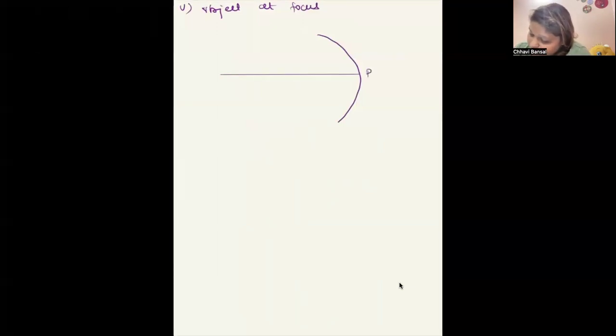P, C, F. Now, the object is kept here. Okay. First, let's pass a ray parallel. It will pass through the focus, right? Next, we can pass one through the center of curvature also.